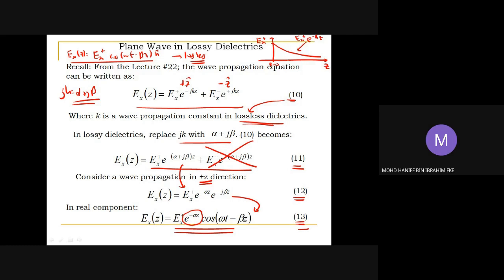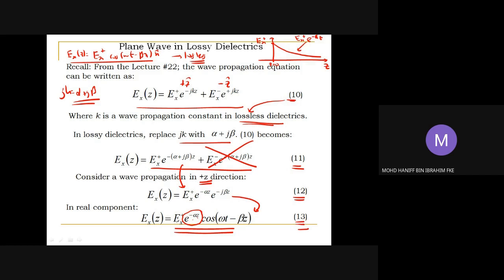The amplitude will be reduced exponentially because we have agreed that in lossy dielectrics, the E field equation will have the effect of this exponential of negative alpha z. Alpha is your attenuation constant. Z here is the distance of propagation. So basically, if we have bigger z, the amplitude will be reduced significantly.